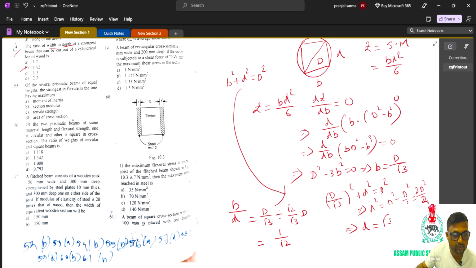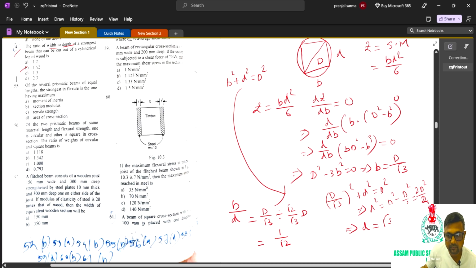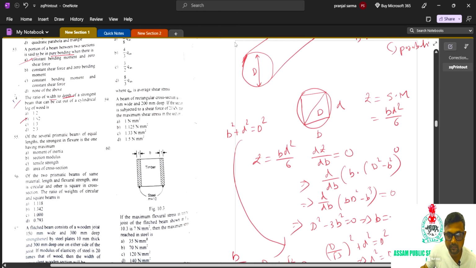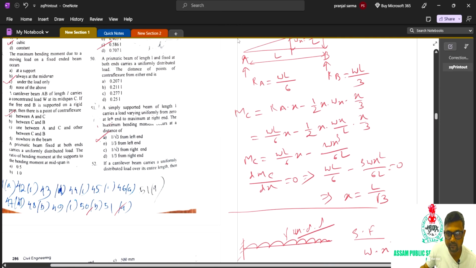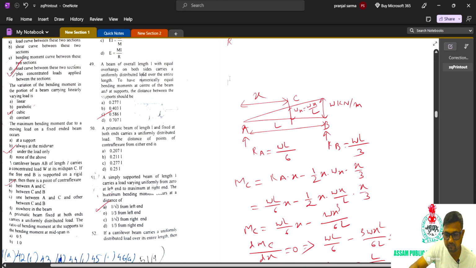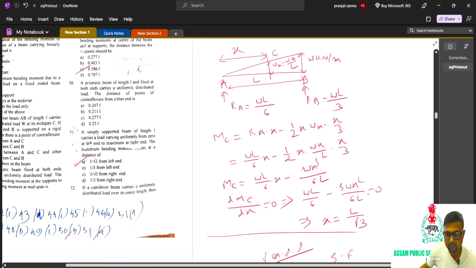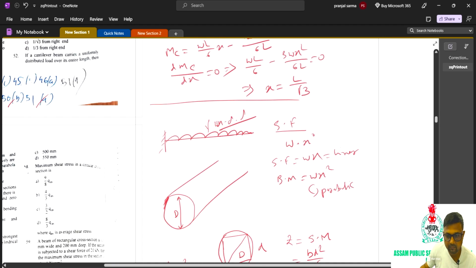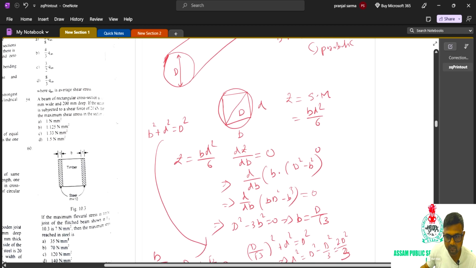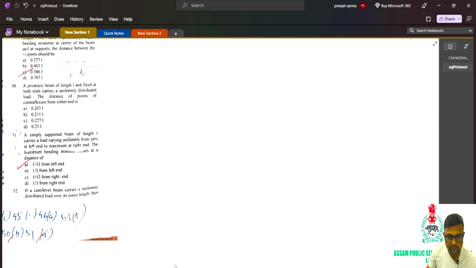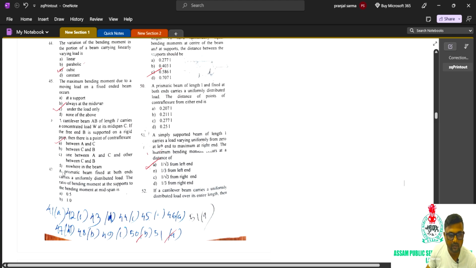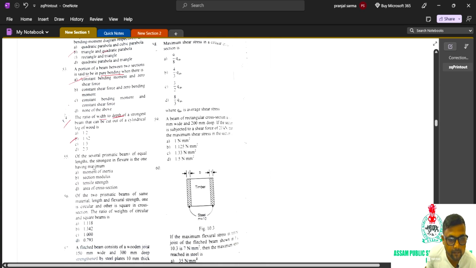Now, the next question is, of the several prismatic beams of equal length, the strongest in flexure is the one having maximum sectional modulus.